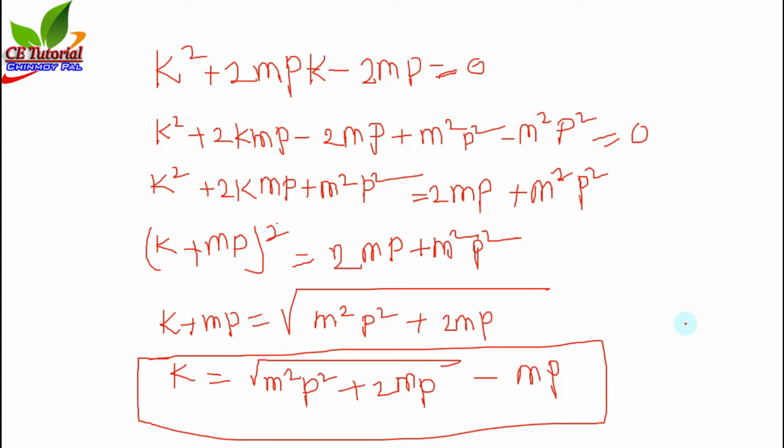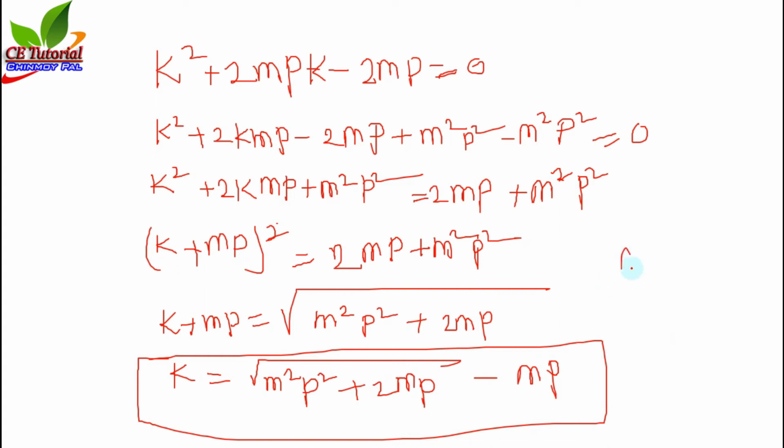Now suppose you want to calculate the neutral axis depth in the working stress method. So what you can do, suppose reinforcement is given here, you calculate the area of reinforcement AST, then you can calculate P as AST by BD, and M is the modular ratio. What is the formula of modular ratio?